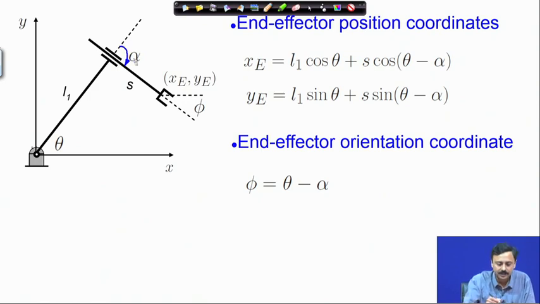Remember that this angle alpha is measured in the clockwise sense, which we have considered to be negative, and that is how we obtained the forward displacement relations. Now, we differentiate the forward displacement relations with respect to time.